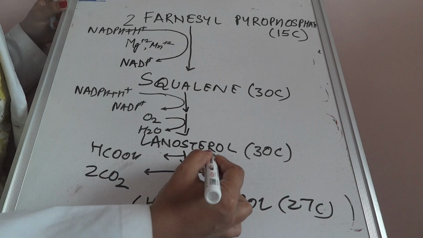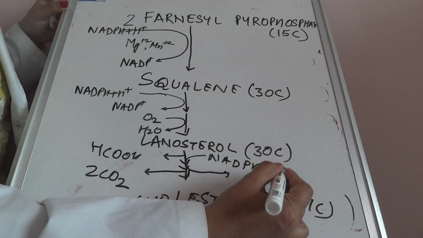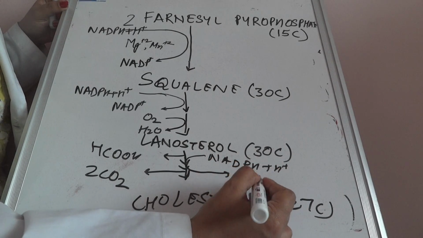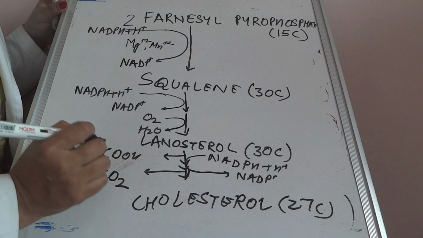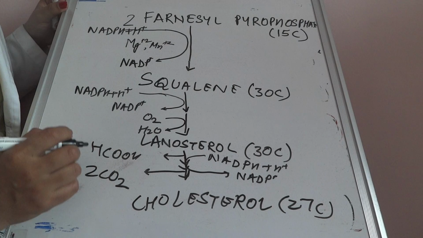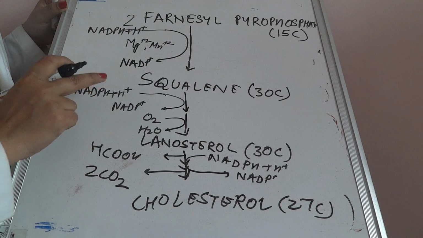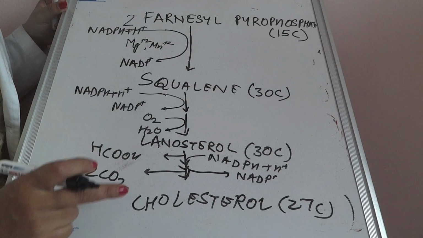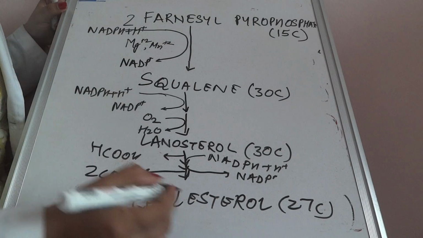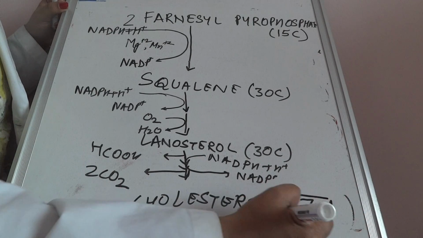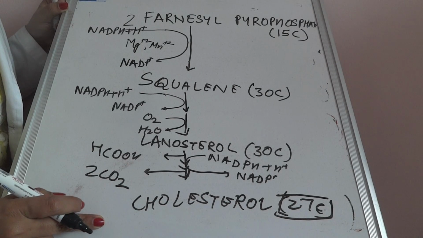Again an energy consuming process, NADPH plus H plus is required, and this is about a series of 19 reactions from lanosterol to cholesterol. Okay. Finally, with the removal of 3 carbon compounds, the 27 carbon compound cholesterol has been formed.